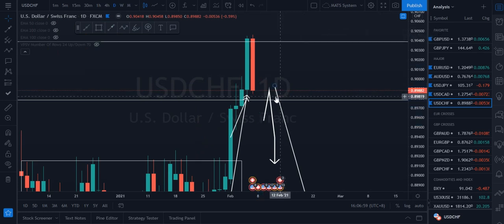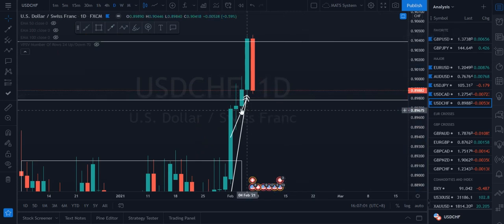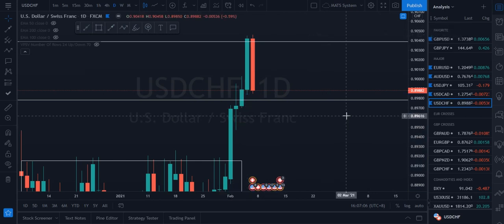Okay, that's my two cents, my market analysis for these five majors. Usually I do analysis based on majors. For the reasons given, I don't cover crosses. If you want to play crosses, it requires more confluence rather than just technical.